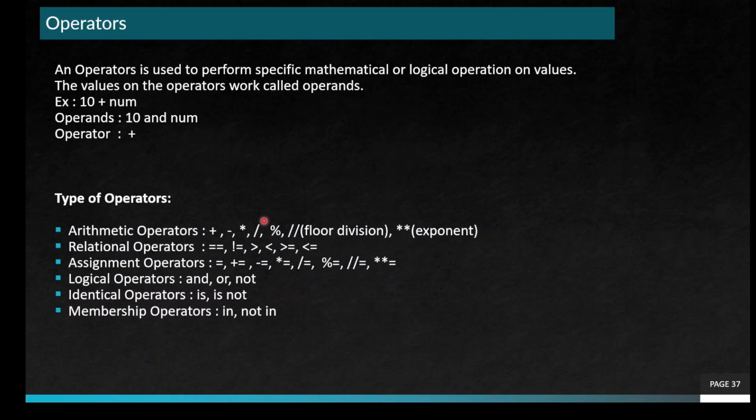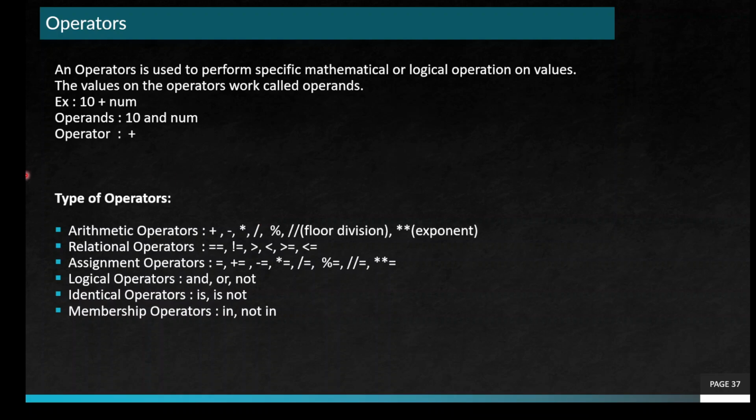So here I have mentioned some of the operators. An operator is nothing but a specific mathematical or logical operation on values. That means we can do some operation on the operand.